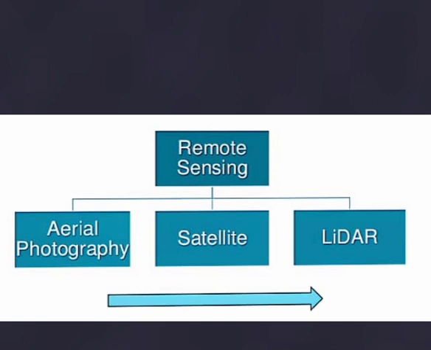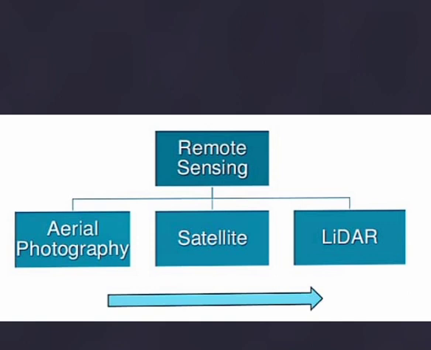Photogrammetry is the science and technology of obtaining reliable information about physical objects and the environment through the process of recording, measuring and interpreting photographic images and patterns of electromagnetic radiant imagery.